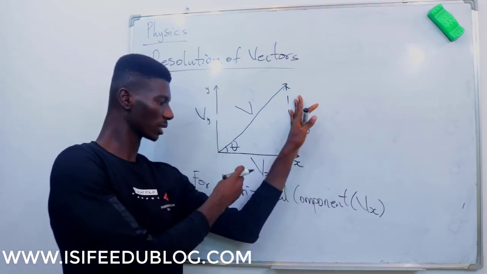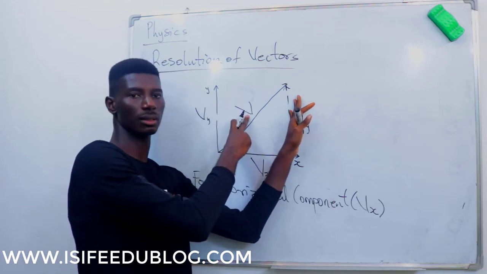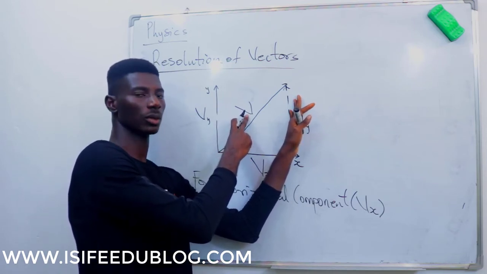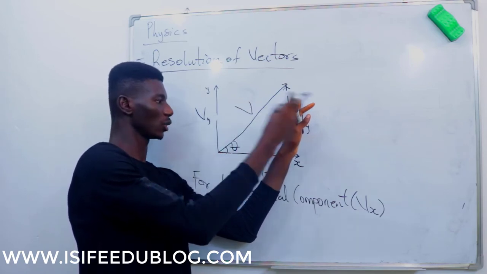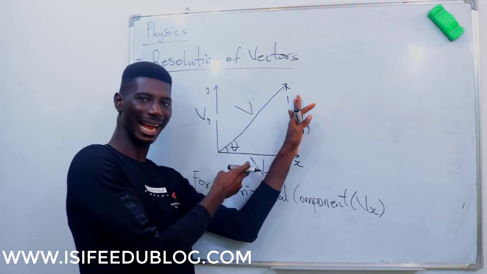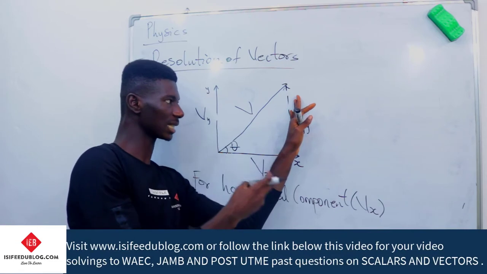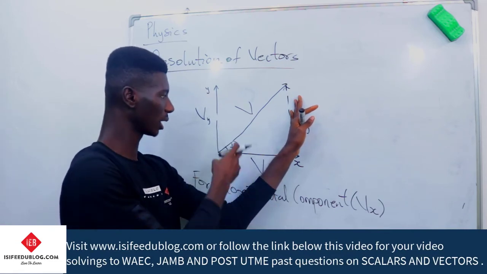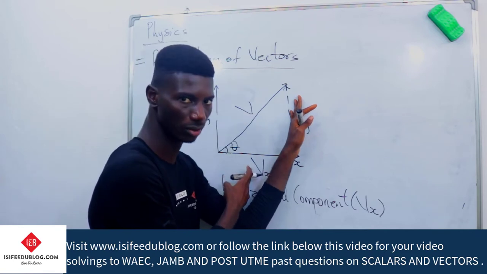So our focus is on the horizontal component, and the resultant vector is always given. So we have hypotenuse and adjacent. Hypotenuse and adjacent, and in using our scalar tool, anytime you have hypotenuse and adjacent, you are using cos.